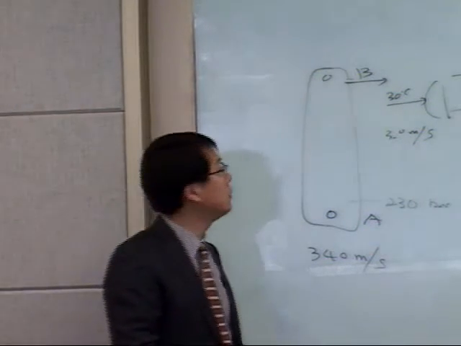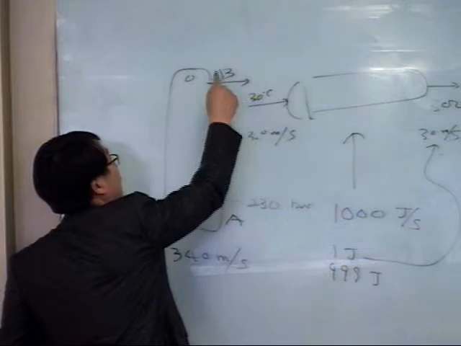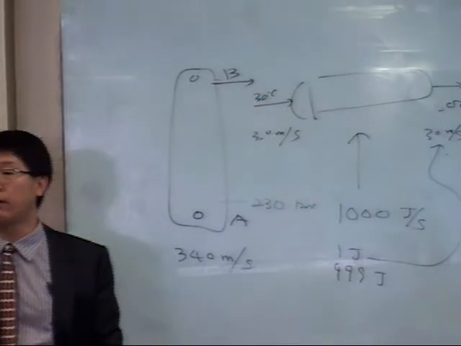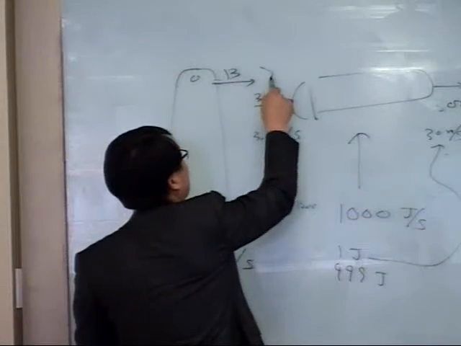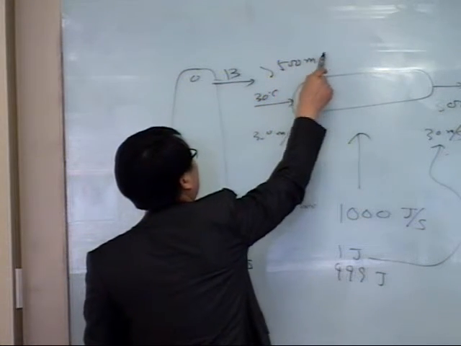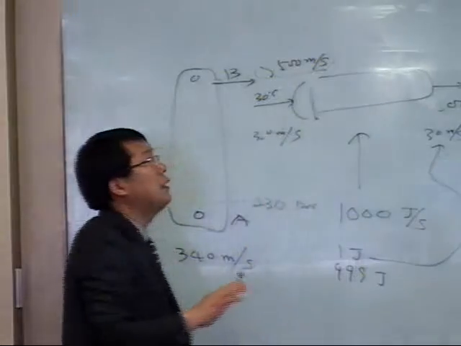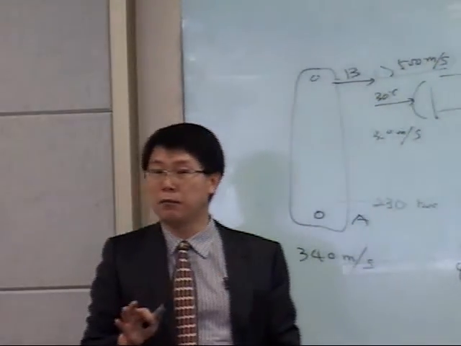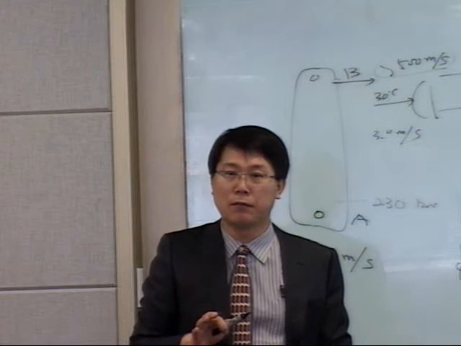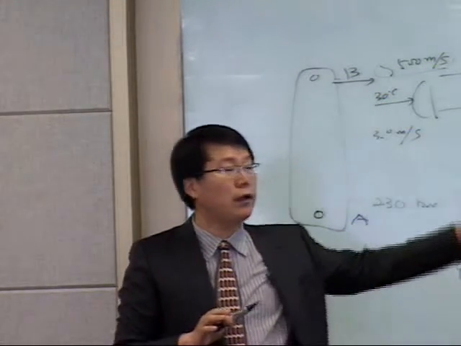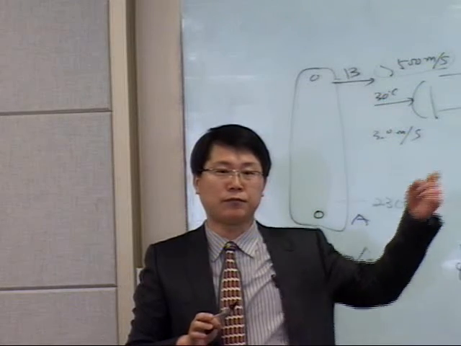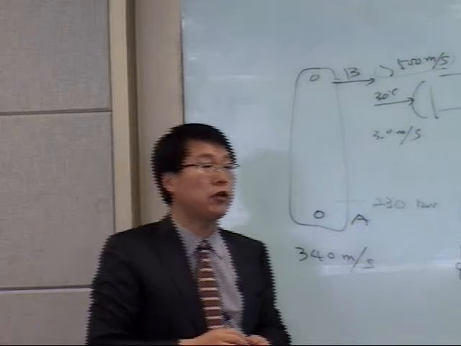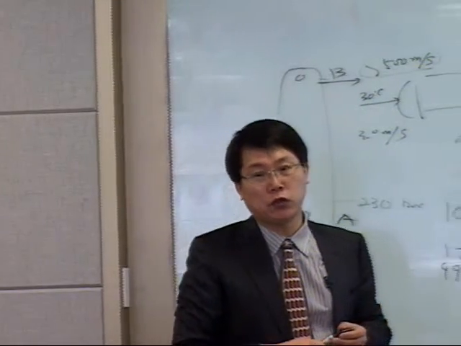So in this case, the leaking velocity would be greater than 500 meter per sec. In that case, we cannot neglect the kinetic term. So we cannot apply this equation. Then which equation should we use?